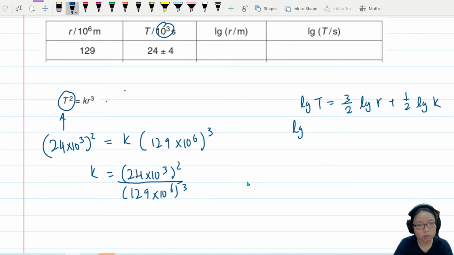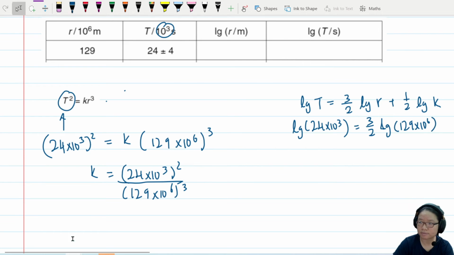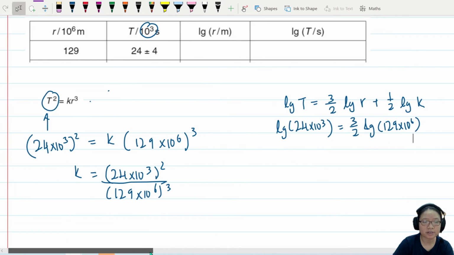So I will take log t, which is 24 times 10 to the power of 3, is equal to 3 over 2 log r. So log, what is my r? 129 times 10 to the power of 6. We'll press the calculator for both.